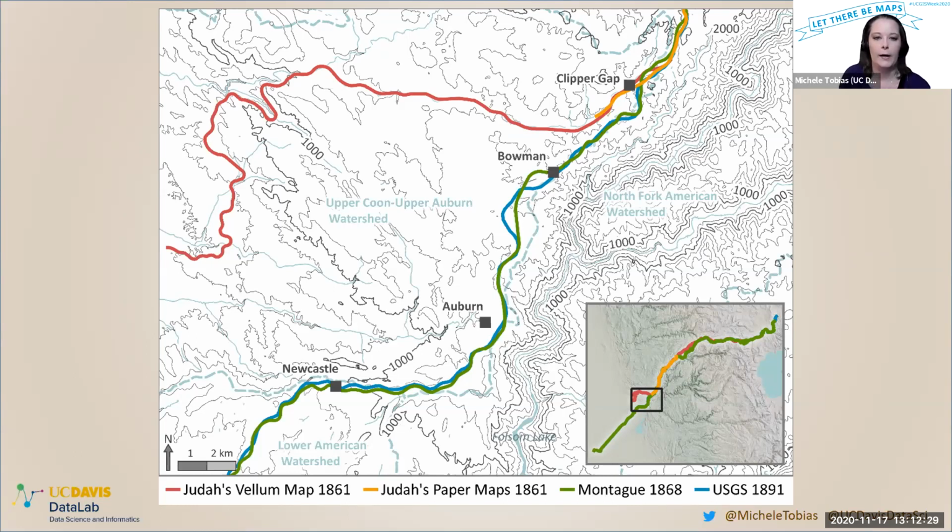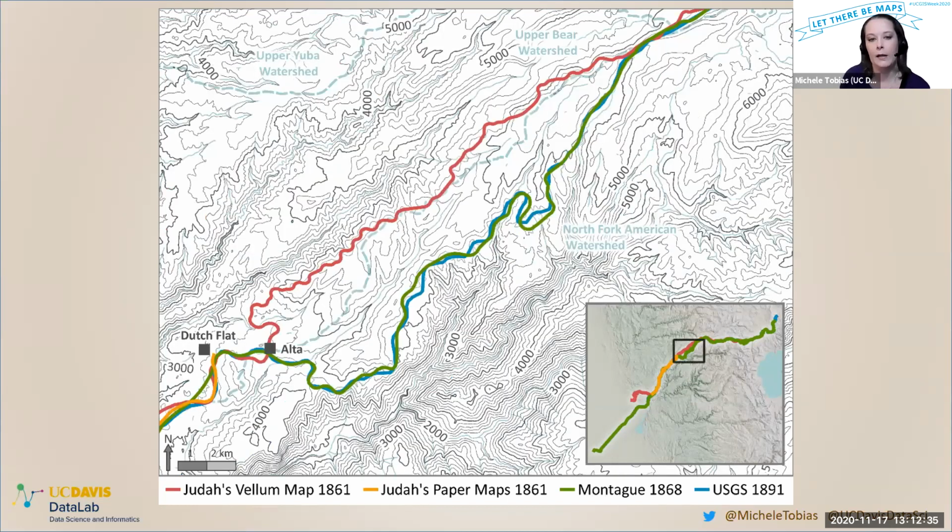And then here's another spot where the plan for the railroad, the pinkish red line, planned on going on the other side of a river canyon. And when we were trying to figure out why, we found that right where the square is for the city of Alta, it is a really steep canyon, and you actually can't get a train car across that canyon without building a bridge. So if you look really closely at the topo map underneath that, you can see that it's really steep.